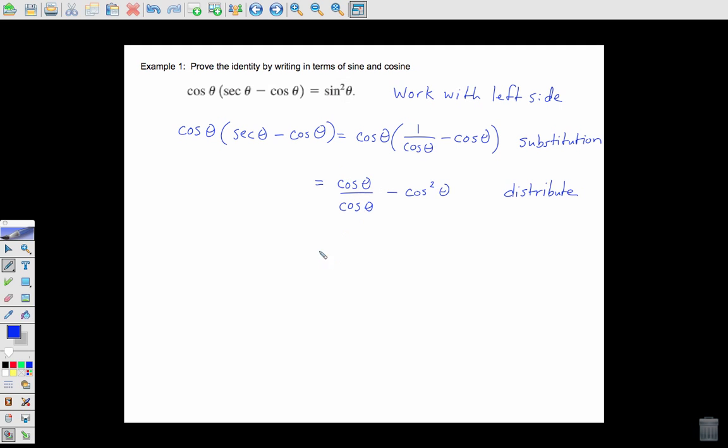Okay, this is just 1. Anything divided by itself is 1. Okay, and I'm just going to write down multiplicative inverse, because that's really what that is.